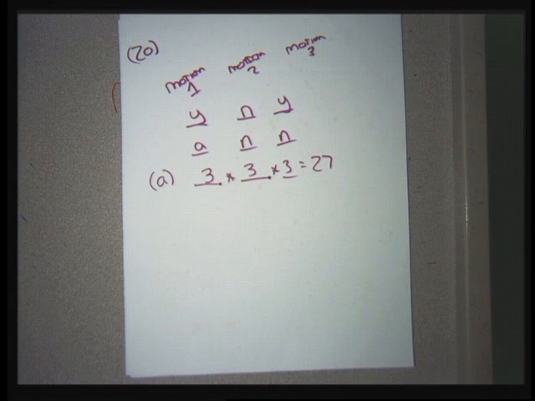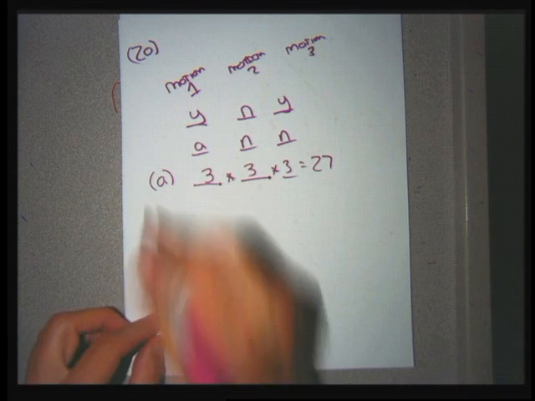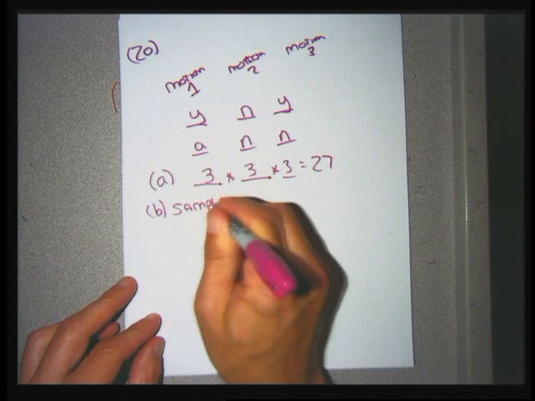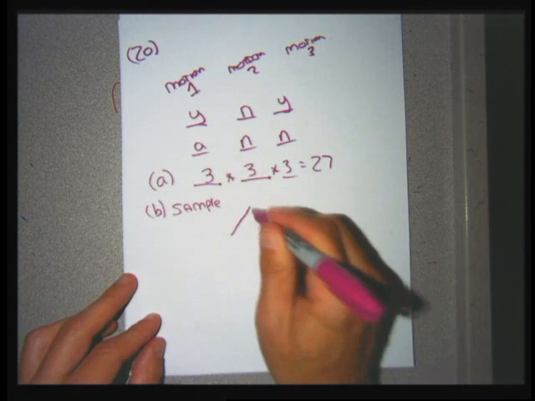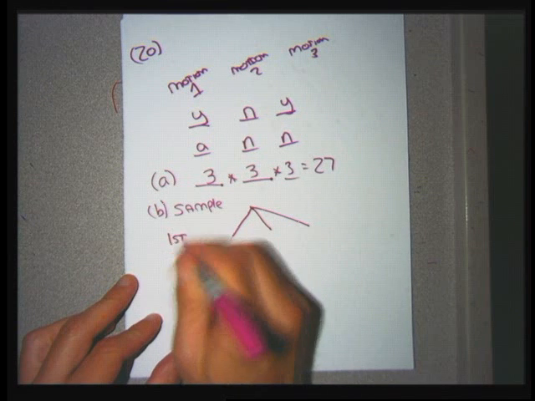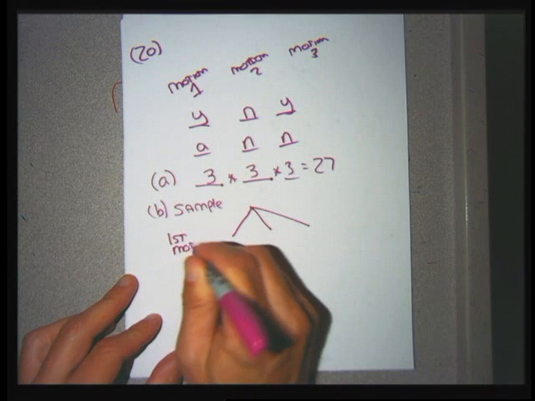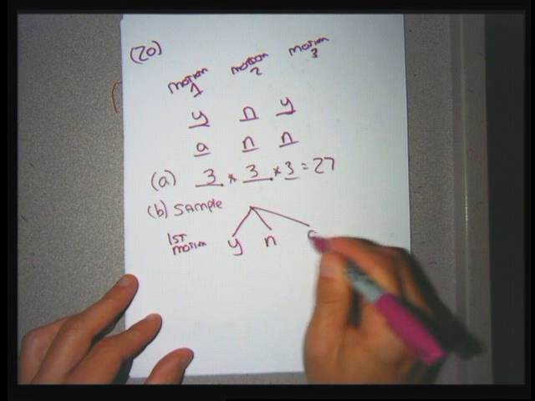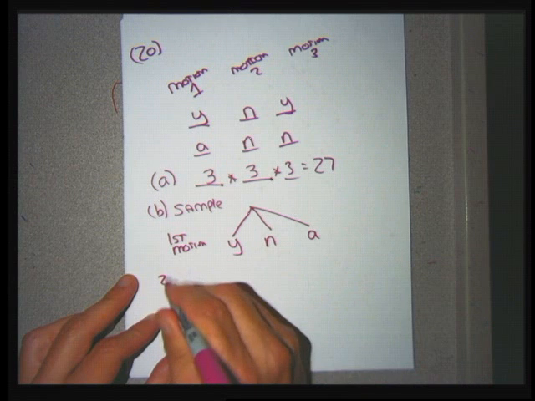Now I need to construct the sample space, which really sucks, but I'll do this. So now I'm going to make the sample space, and it's going to have 27 elements. I'm going to have a first vote. So this is going to be the first motion, or my first thing that I'm voting on. I could answer yes, no, or abstain. And then I'm going to do the second.